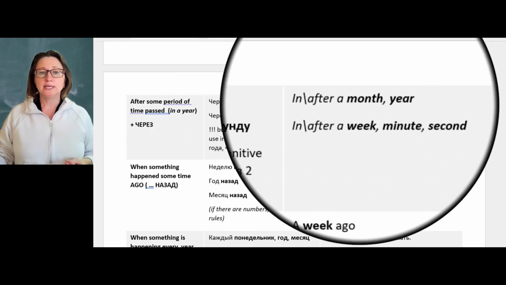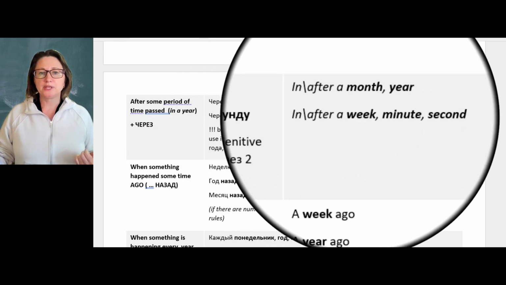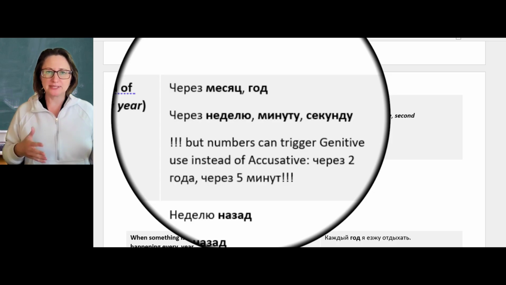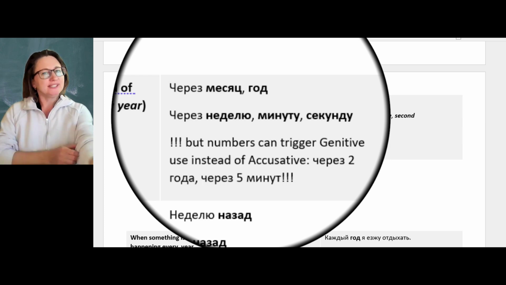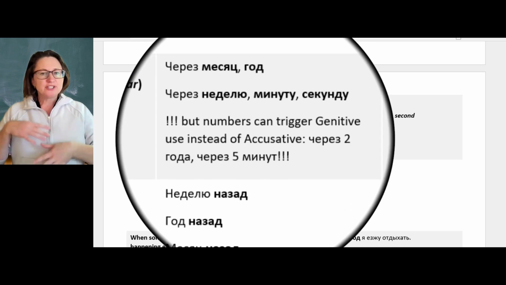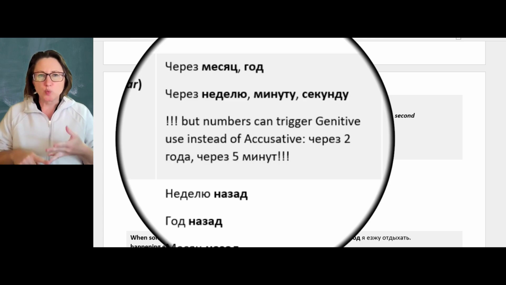So to say in a month, in a year, we would say через месяц, через год. After a week or in a week, a minute, a second: через неделю, минуту, секунду. And again, you can see how it changes for feminine, but not for masculine, because not animate. Another important thing: we just said after a month, after 1 year, after 1 minute.